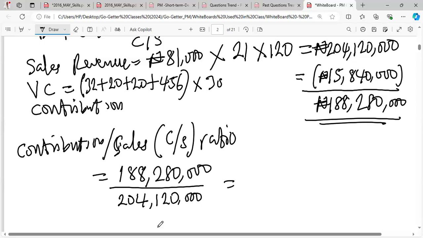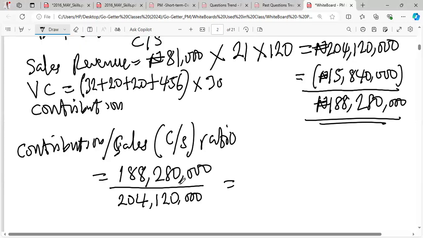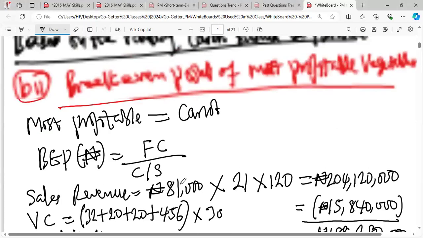Let's see what that will give us. I already have this here in my calculator, so I'll just say divided by 204,120. I wouldn't want to leave it like this, so I will just leave my answer the way it is here. This is my contribution sales ratio. I'm content with doing it like this.